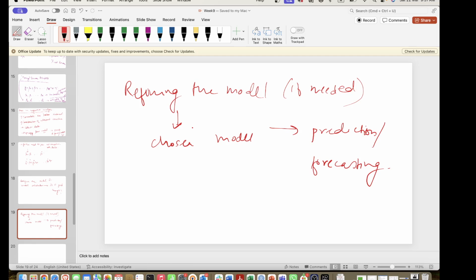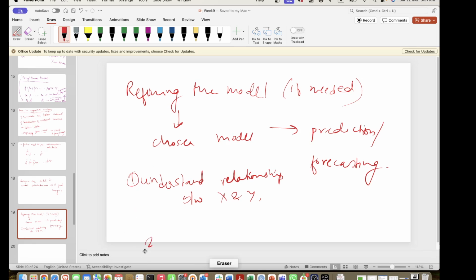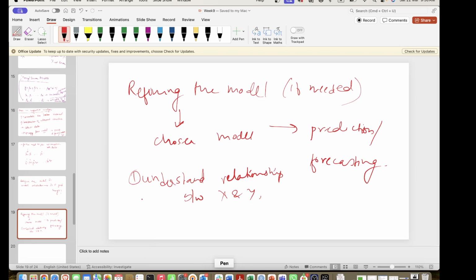So there are two main goals in fitting a linear model. The first goal is to understand the relationship. Okay, so goal 1 is to understand the relationship between x and y, and once we have understood what the relationship is, then the goal is to use x to predict y.